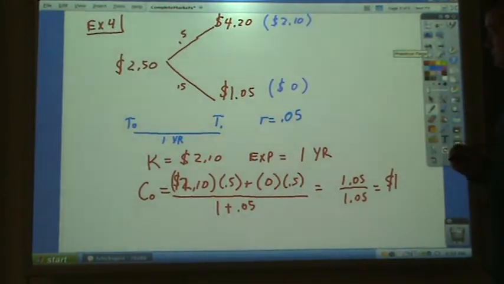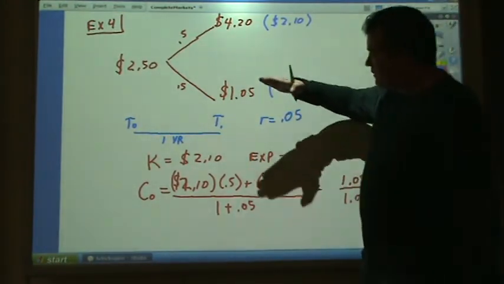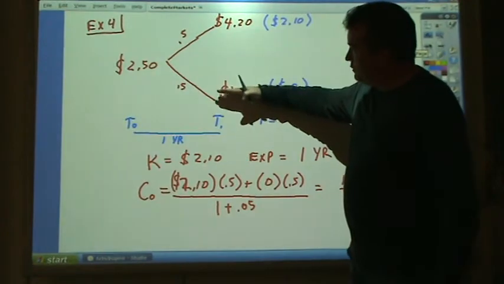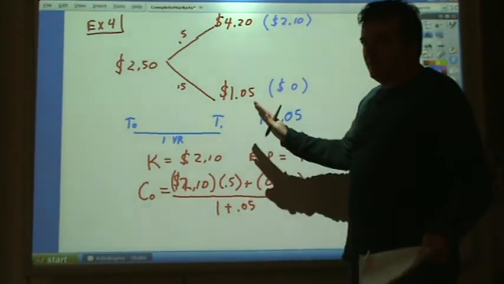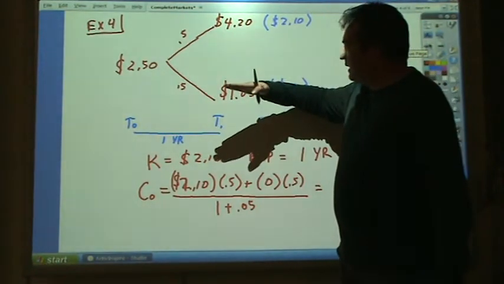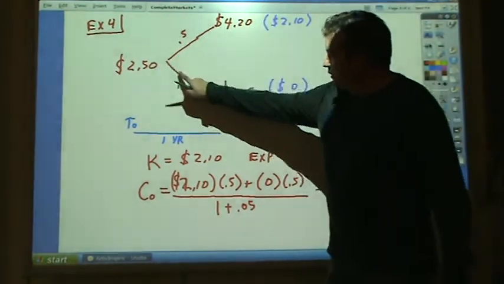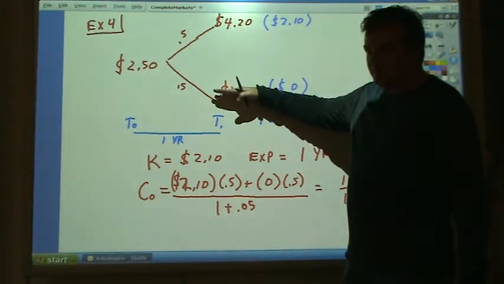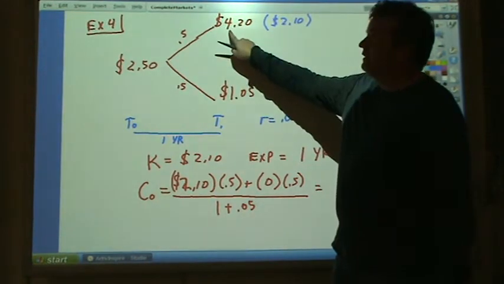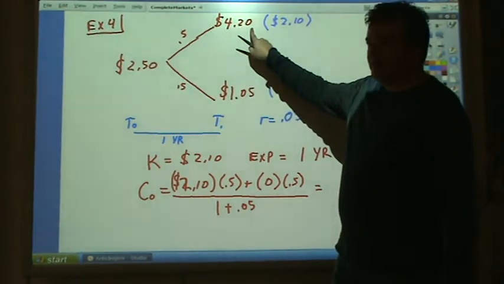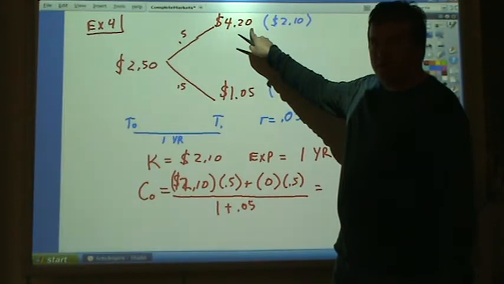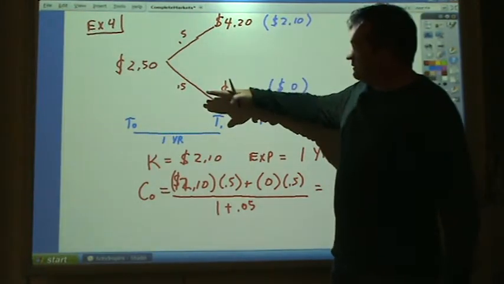For a strike price of $1.05, a put, you get everything below $1.05, so you wouldn't pay anything for that. For a call, you would get everything above $1.05. So if we go to the low state, you get nothing. And if it goes to the upper state, you'll get $3.15 as the payout for a call option with a strike price of $1.05.